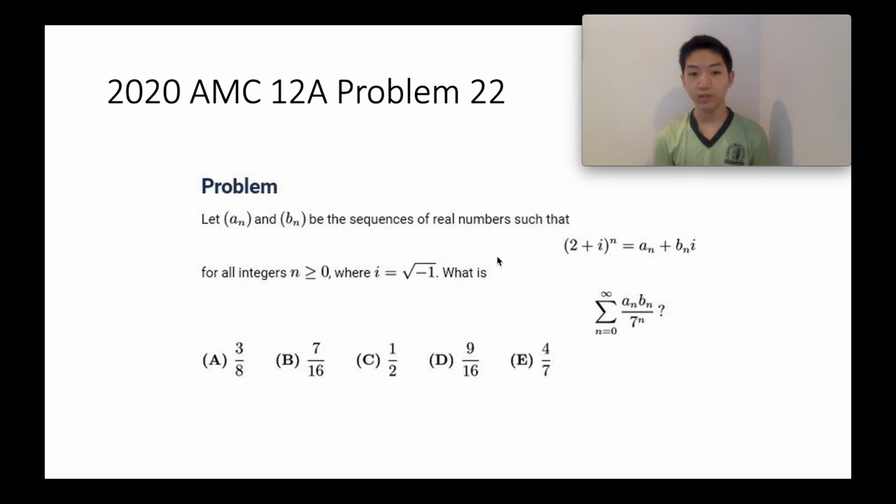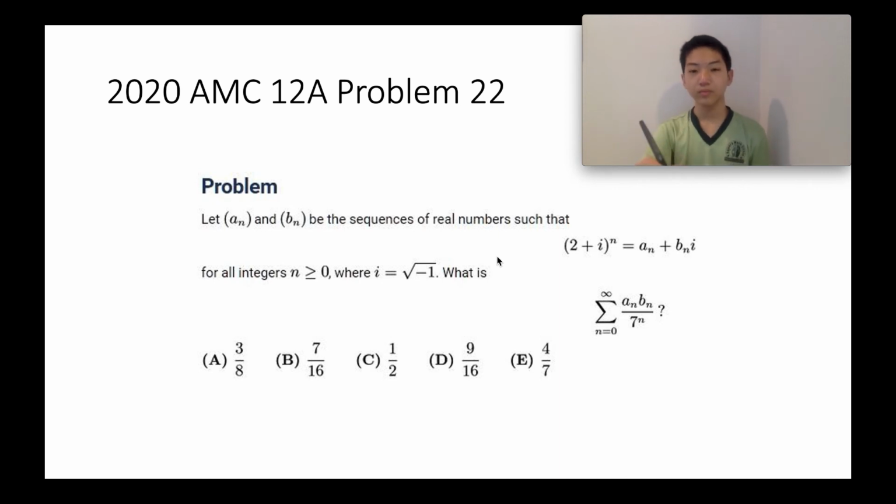It reads: let a sub n and b sub n be the sequences of real numbers such that (2 plus i) to the n is equal to a sub n plus b sub n i for all integers n greater than or equal to 0, where i is equal to the square root of -1. What is that expression over there?